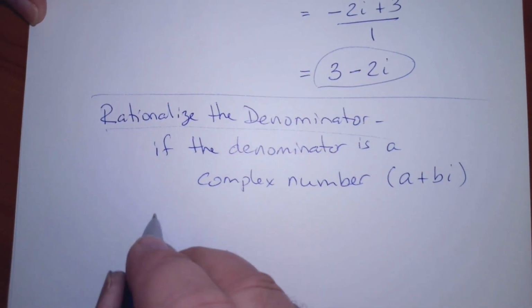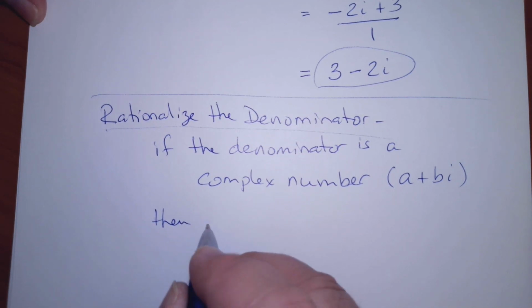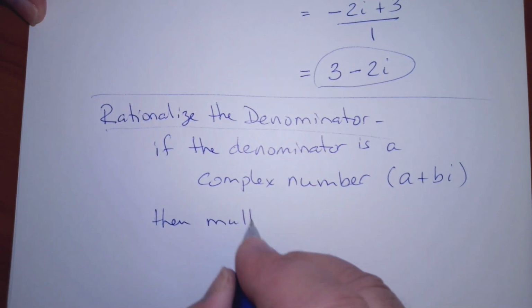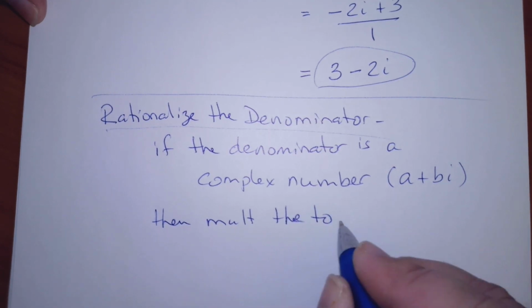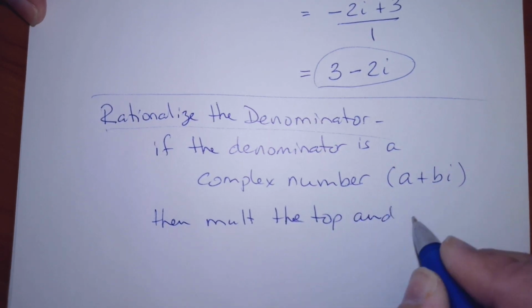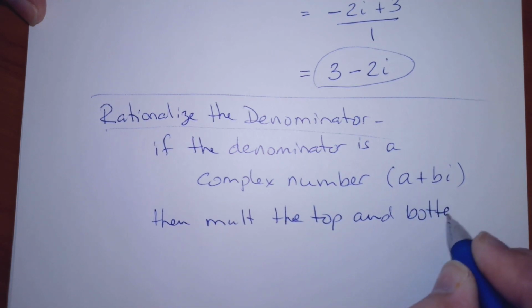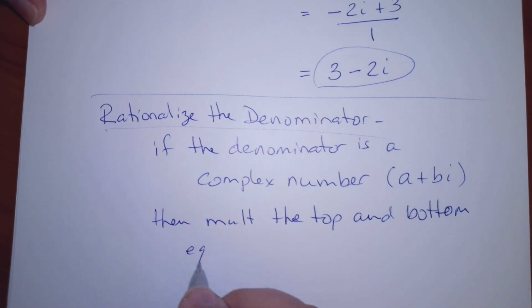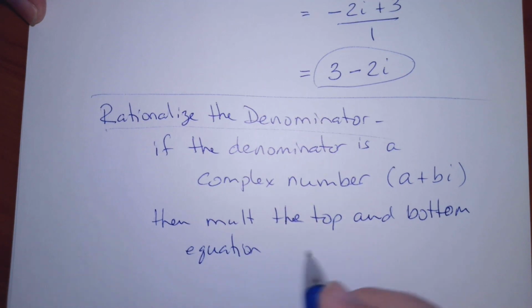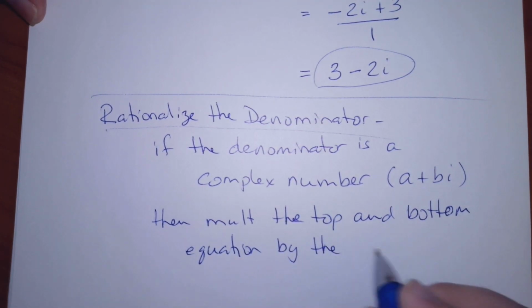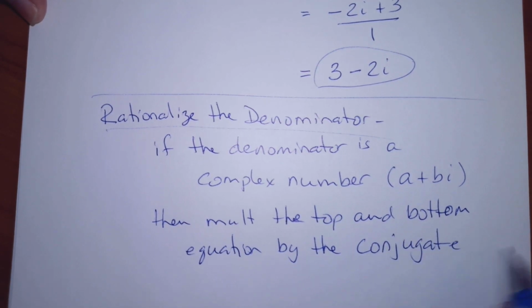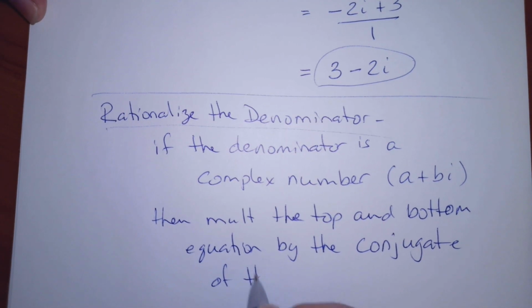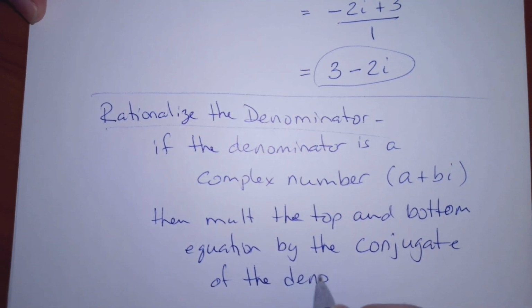If the denominator is a complex number, multiply the top and bottom equations by the conjugate of the denominator.